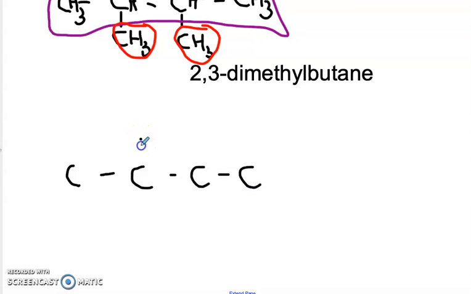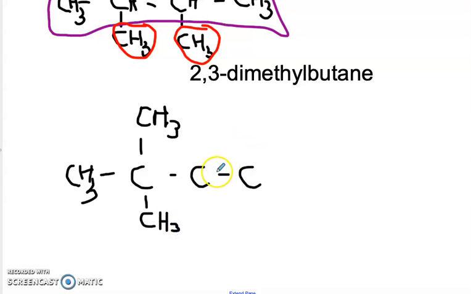But now put 1 up here and 1 down here. Same thing, fill those H's in, right? This gets 3 because it only had 1 bond. This next carbon doesn't get any because it has 1, 2, 3, 4 already. This one is going to get 3. Same with this one.